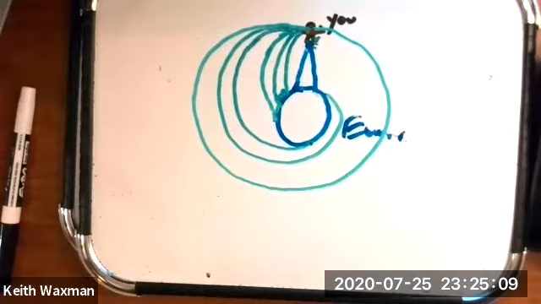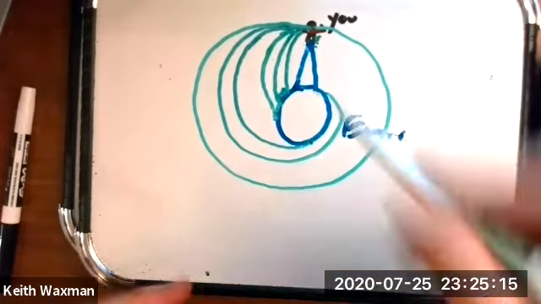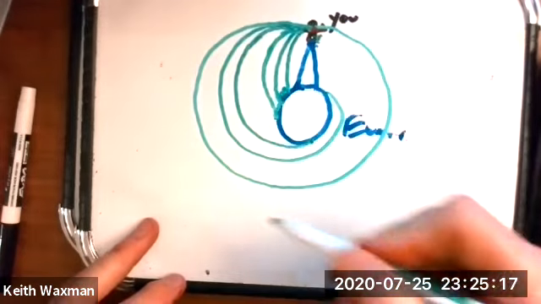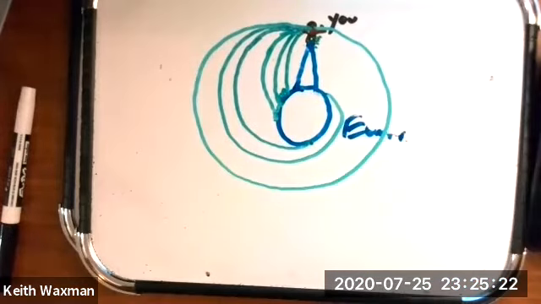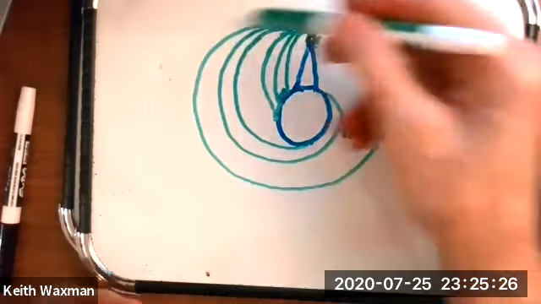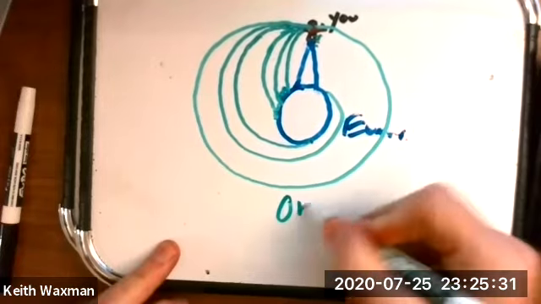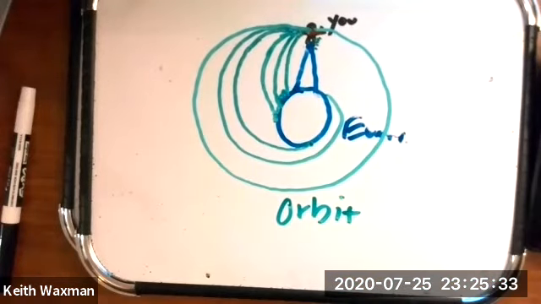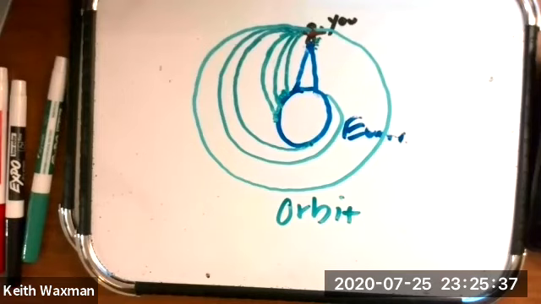Look at that. Aren't all of these baseballs falling towards the earth? But this one at a certain velocity never got to the earth because the curvature of this orbit is the same as the curvature of the earth. So this is another way to look at it. An object falling towards the earth at a certain speed is going to make it all the way around, and that is an orbit. So that's Newton, that's the law of gravity, and hopefully this made sense. So we'll talk to you next time.